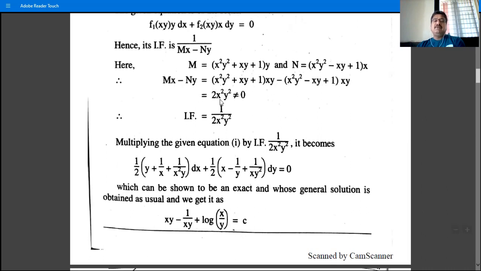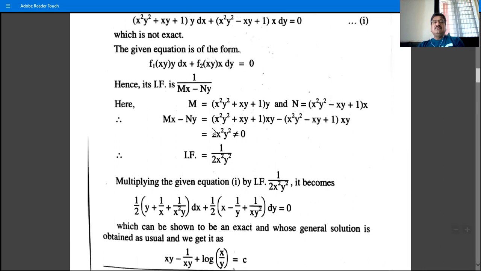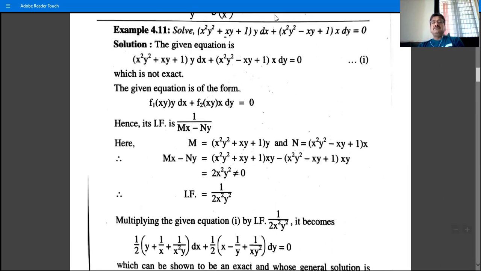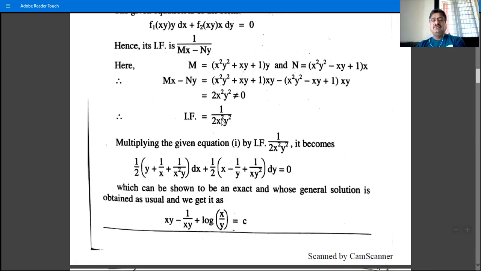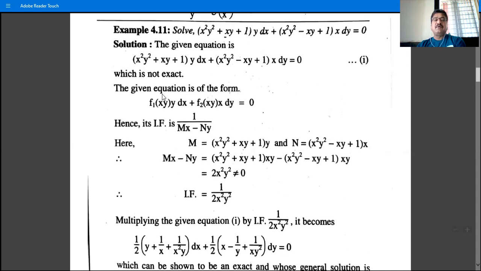So Mx minus Ny is not equal to 0, and therefore 1 by (Mx minus Ny), that is 1 by 2x square y square, is the integrating factor. Sometimes the MCQ type question is: this is the given differential equation, determine which of the following is the integrating factor, and answers are given. This is the answer, 1 by (Mx minus Ny), that is 1 by 2x square y square, because the equation is of this form.